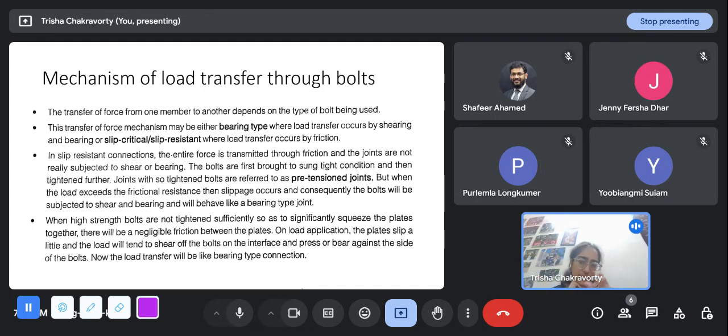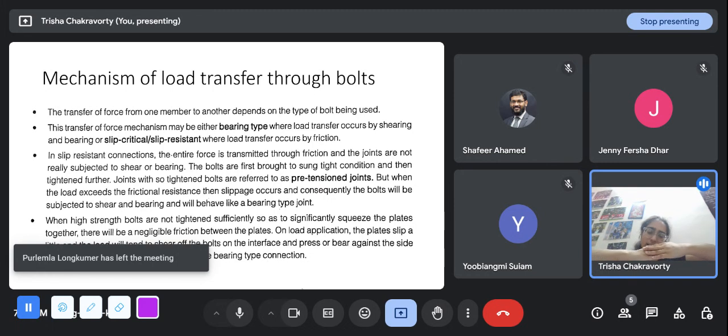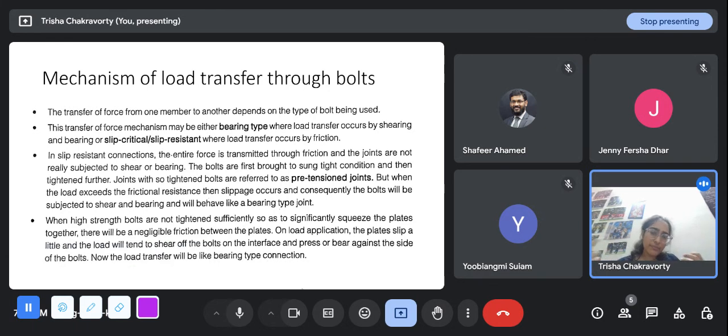Mu is the frictional coefficient and n is the normal reaction between the two surfaces. So if you pin two plates very close together, where they have a high normal reaction transferring between the two due to the bolt, then the friction and the mu is enough to resist the tensile force that you want it to bear. So that is a slip critical bolt.